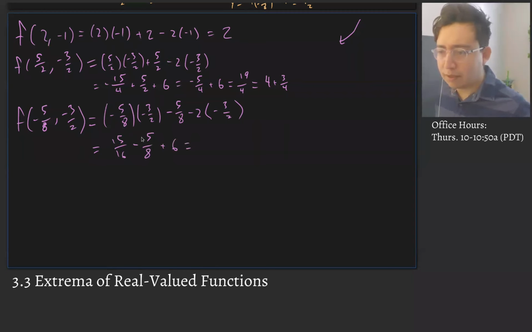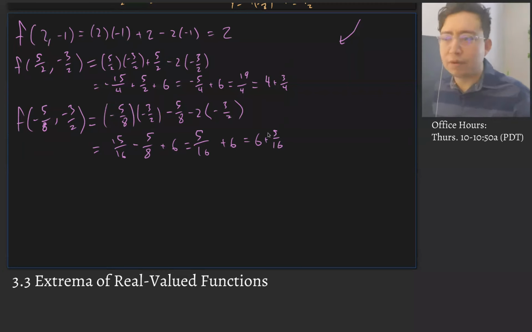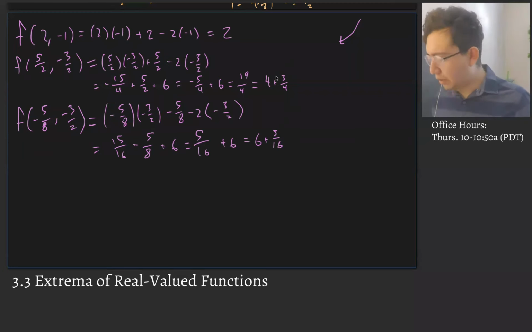Now this simplifies to positive 5/16 plus 6, and so it's 6 5/16. I could simplify this, but it's already in this form. It's a mixed number.